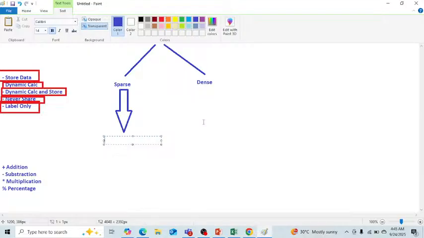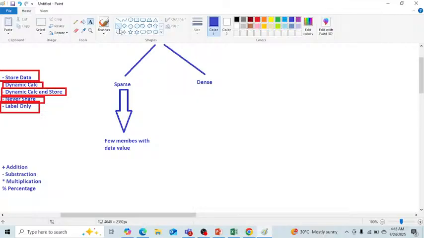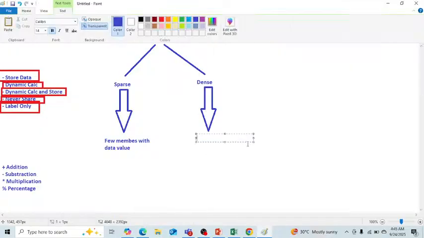Under the dense dimension, we have many members with data values.